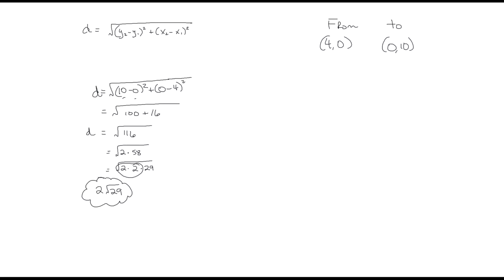And negative 10, negative 4 to 0, 2. Just get nice with the formula. 0 minus negative 10 squared plus 2 minus negative 4 squared.